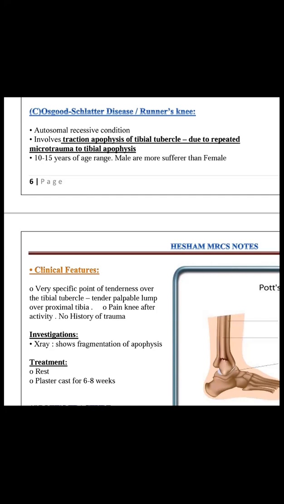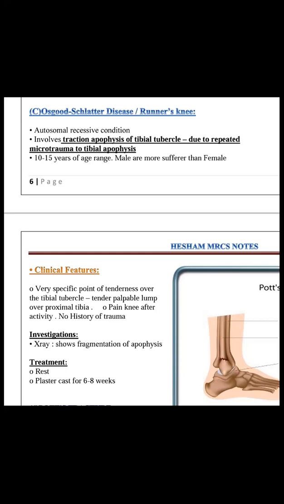The patient will present with tenderness over the tibial tubercle, also pain in the knee after activity, can be investigated by an X-ray which is showing some fragmentation of the epiphysis. The patient is treated with rest and cast for 1 to 2 months.